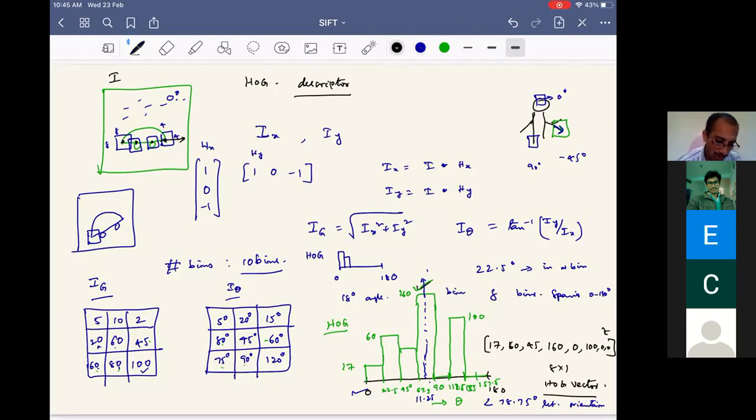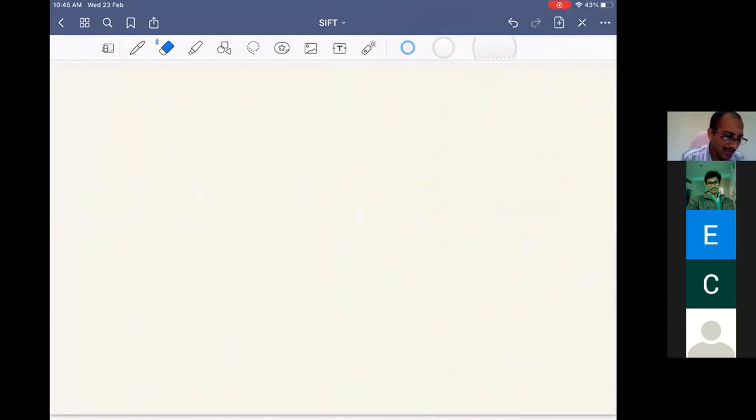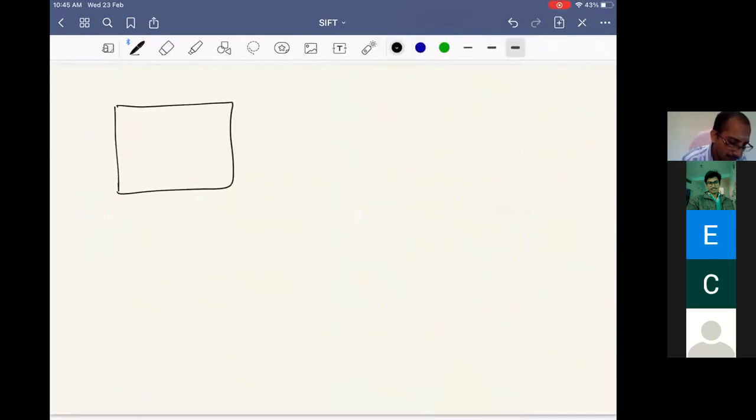Now I will write this on the slide itself, just for ease of writing. Excuse me for writing small numbers. Previously the object is like this, and you have considered a patch somewhere.